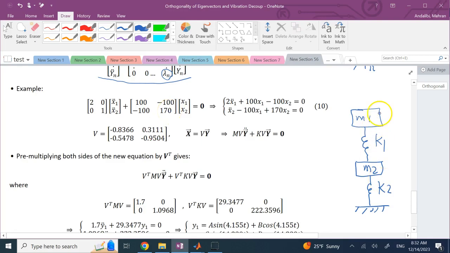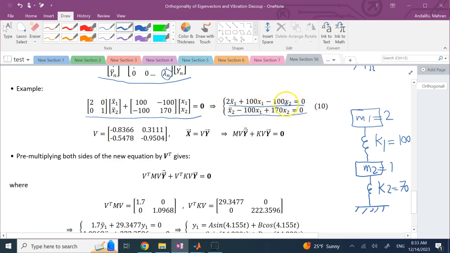If you remember, this was 2, this was 1, this was 100, and I assume this one was 70. So these were the governing equations. And if you expand it, clearly you can see that the two governing ODEs are coupled. You have to solve them together.